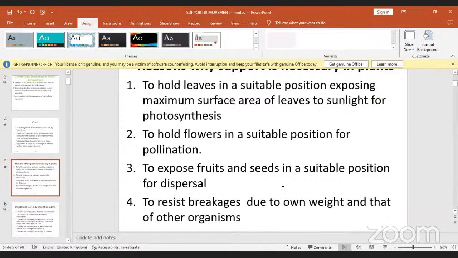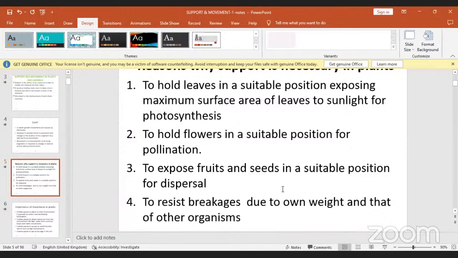Another reason why plants need support is to resist breakages due to their own weight, because plants have their own weight, and the weight of the various organs that they bear, like the fruits, and also the weight of other organisms that they support.